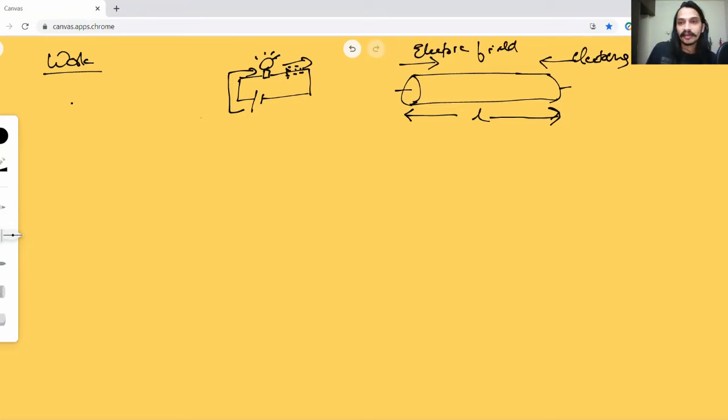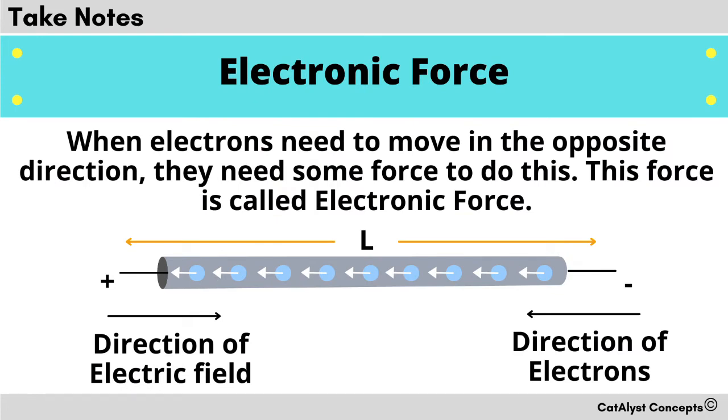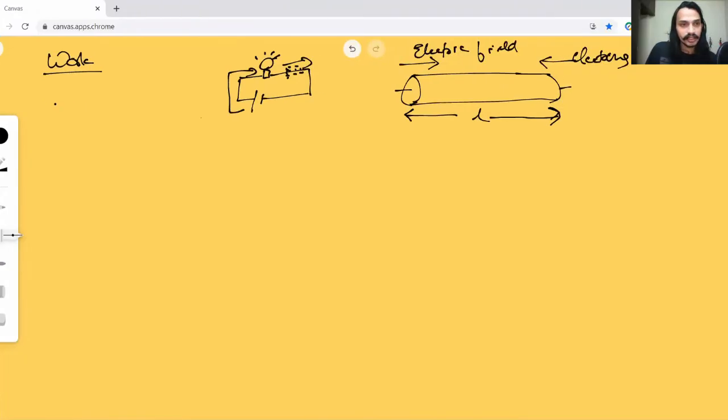So if you remember the definition of work, we had it like this: work equals force into displacement, in ninth class.